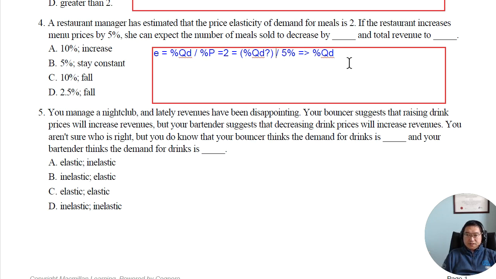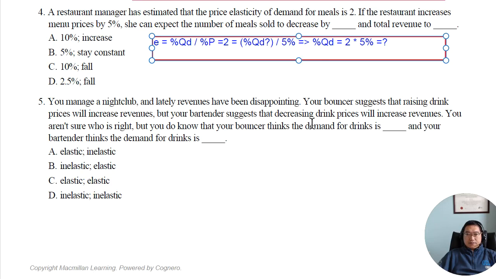The left hand side times 5% is the percentage change in quantity demanded, which will equal 2 times the 5% we are talking about. That is a very easy number to get. And we have talked about how the total revenue will fall. So that is question 4.